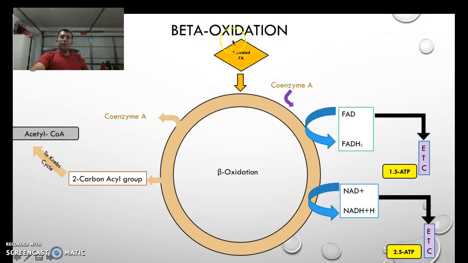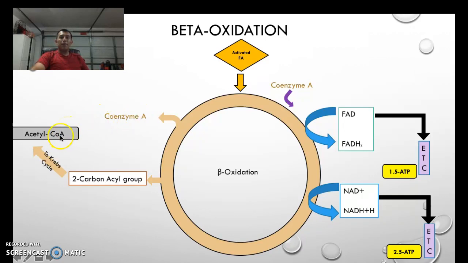Beta oxidation: that activated fatty acid, coenzyme A comes in and shuttles this 16 carbon activated fatty acid in twos, so pretty much into pairs of 2 carbon acyl groups to the Krebs cycle, where it binds to acetyl-CoA.